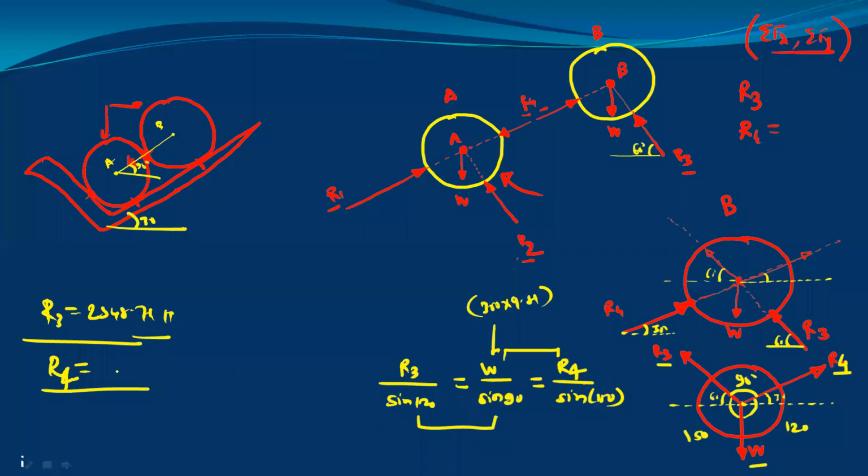Okay. And then you can consider the free body diagram for the sphere A. But for the sphere A, you cannot use Lami's theorem, because you can observe here for the sphere A, we have R1, R2, W, and the reaction R4. So a total of 4 forces at the single point.